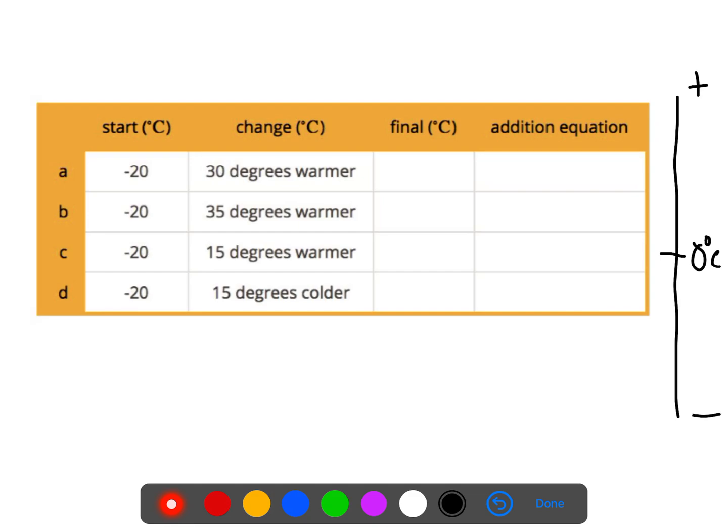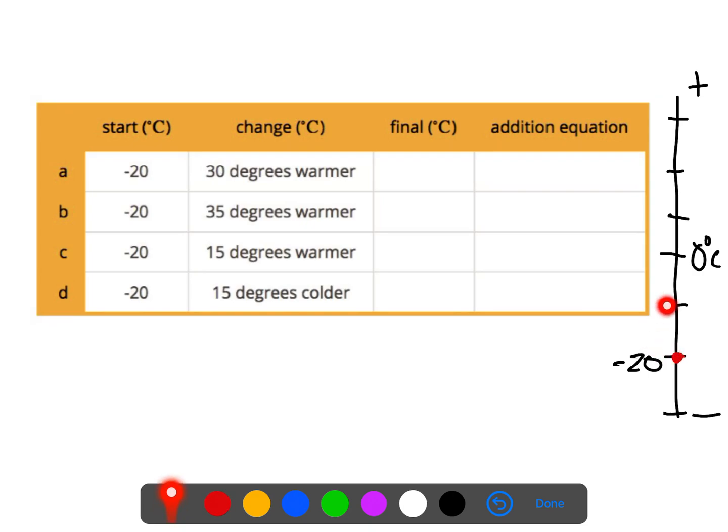So we're starting at negative 20 degrees. If we were to mark negative 20, and we can just divide this up by tens, so 10, 20, 30, 10, 20, 30.